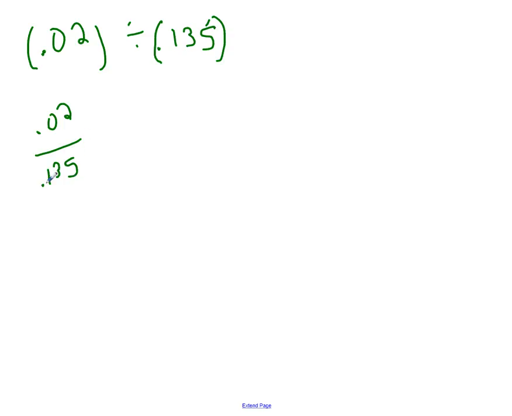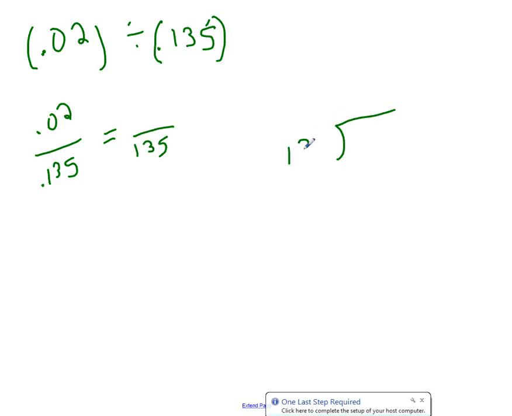Now, I don't know my 0.135 times tables, just like I don't know my 0.02 times tables. But I can't come up with 135 times tables. So how do I make this a whole number of 135? If I'm going to do long division, I want this to be 135.